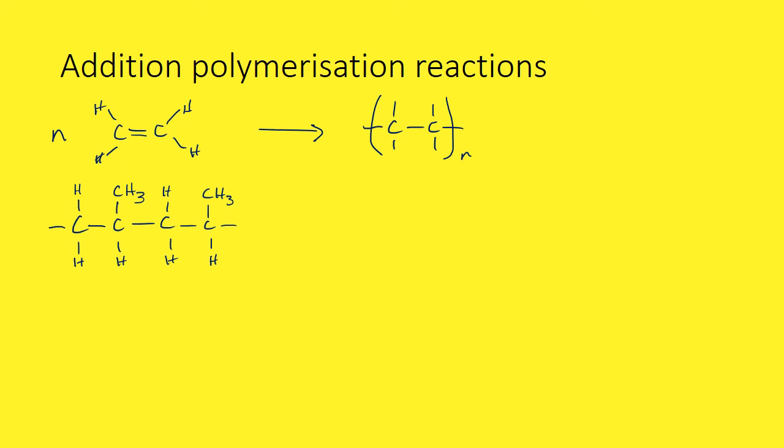And you have to look at the chain and see which bits repeat. And you can see, if I just change to red, you can see that this section here that I've circled in red is the same as this section here that I'm circling around in green, right? So you can see that that's the repeating unit. So then what you would do is you would write out the repeating unit just on its own.